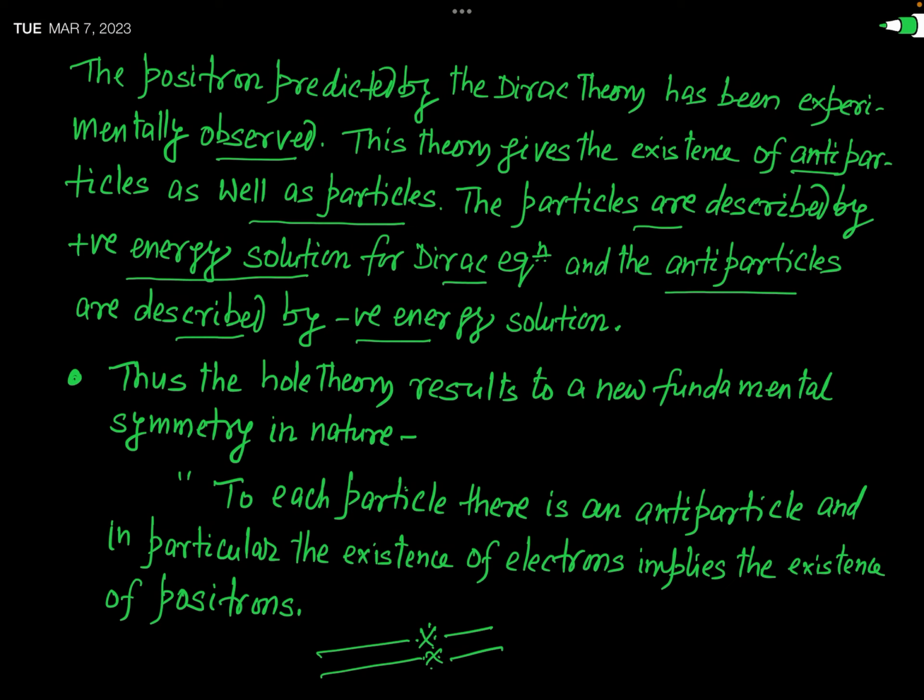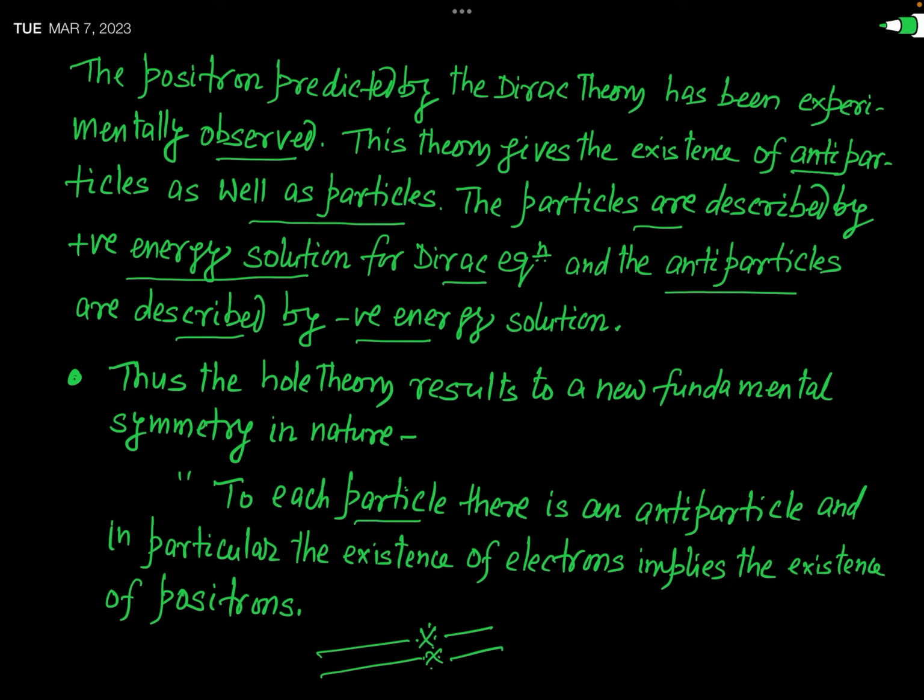This is a very remarkable fact, that the positive energy solution of the Dirac equation is for the particles, and the negative energy solution of the Dirac equation is the solution for the antiparticle of that very particle. So finally, we conclude that this whole theory results in a new fundamental symmetry in nature. And what is that new fundamental symmetry? You should remember it.